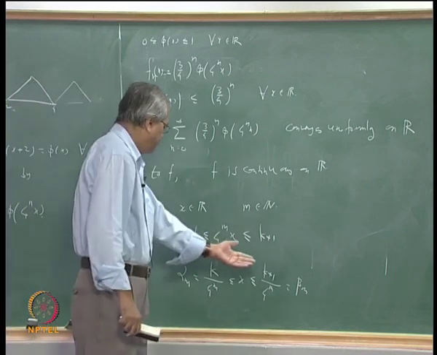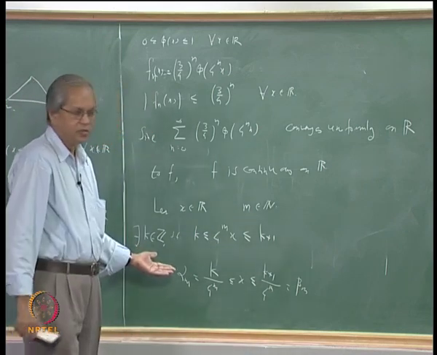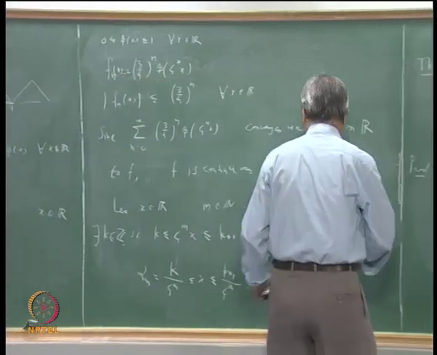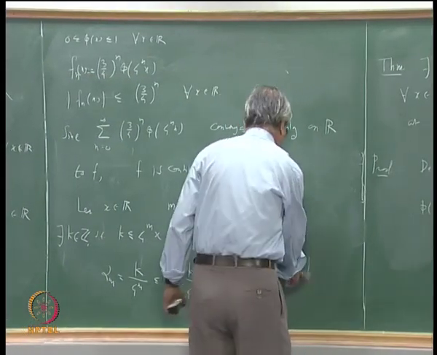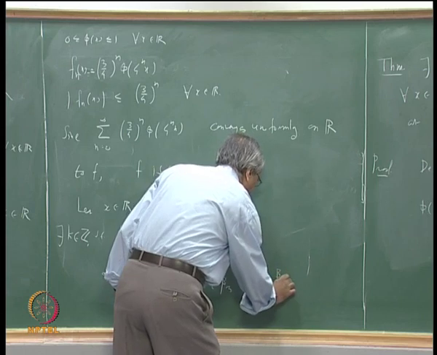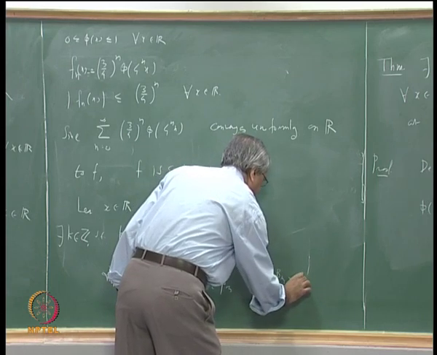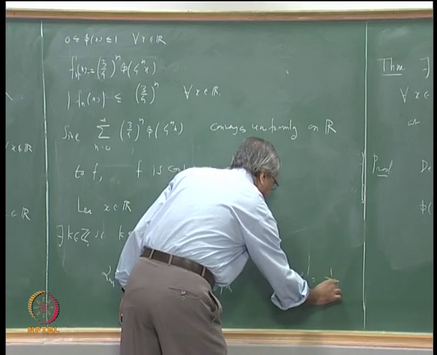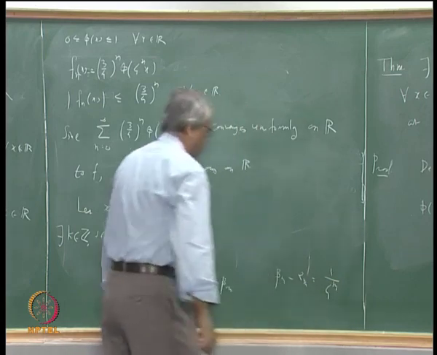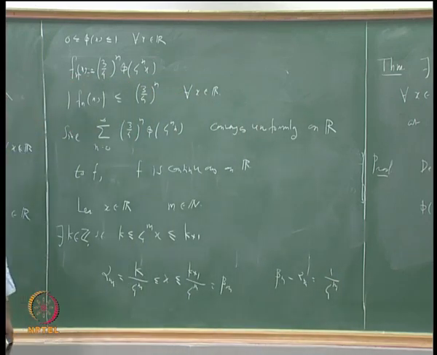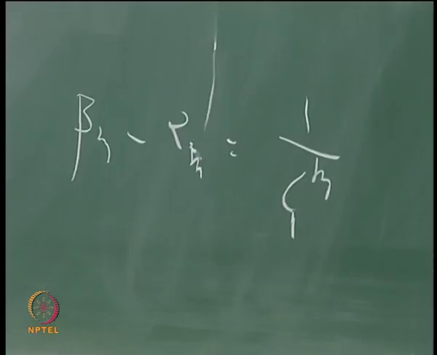In fact, if you look at beta m minus alpha m, that is nothing but 1 by 4 to the power m, and that goes to 0.